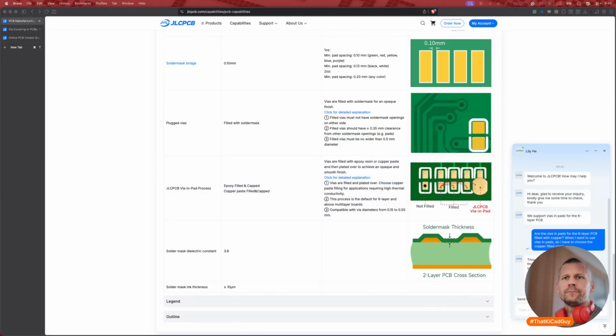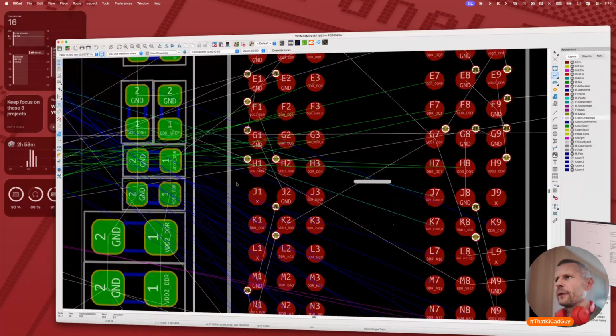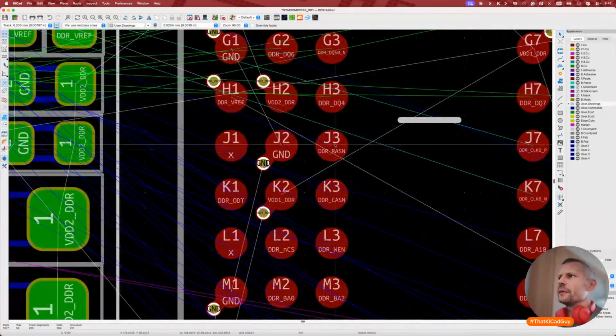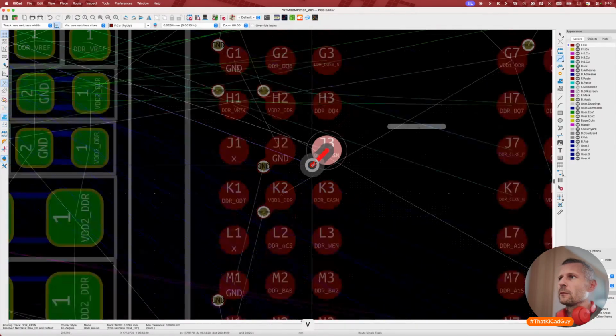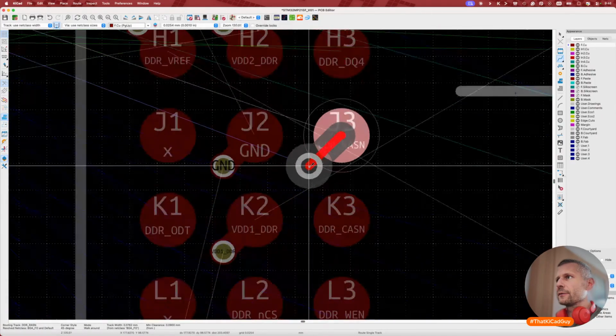Let's wait. Okay. You can see here that I forgot to fan out the blue signals, the blue nets.